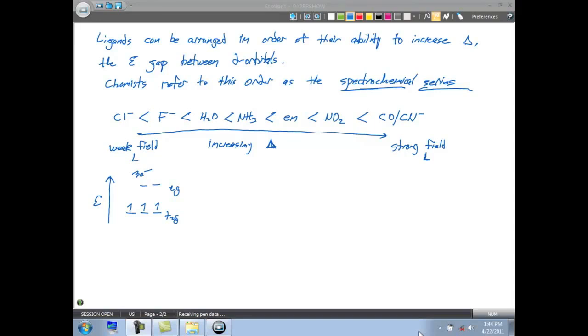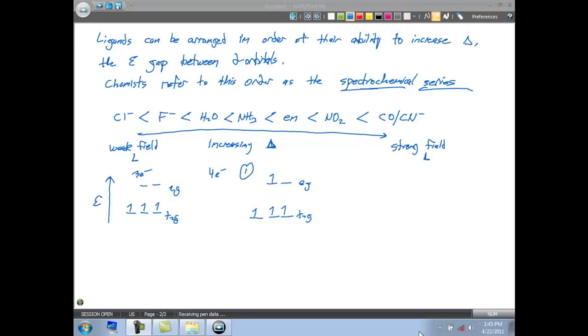But what happens if we have 4 electrons? We actually end up seeing 2 scenarios, because the first scenario would be to take the first 3 electrons and fill them into the t2g orbital. But the question is, where would we put the 4th electron? One scenario would be to put the 4th electron up here in the eg orbital.